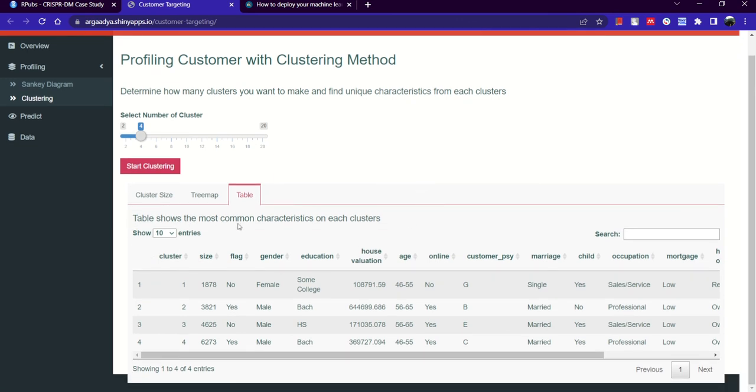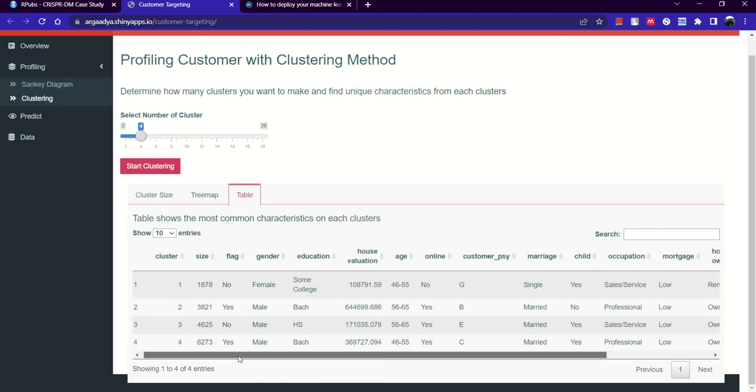Okay, so the table shows the most common characteristics for each cluster. So for cluster 4, we have the size, how many customers? 6,000. The flag is yes. The majority gender is male, as we inspected earlier.